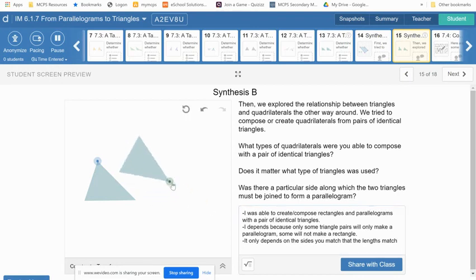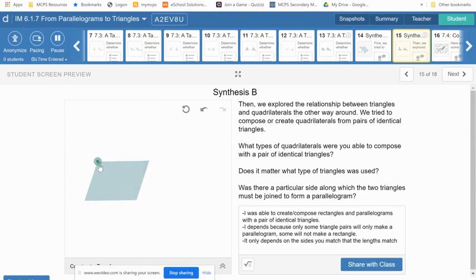It's got to be the same side. That doesn't work. Let's rotate it around. There we go. Maybe this side. There we go. Yes, so they have to match up based on the same length.